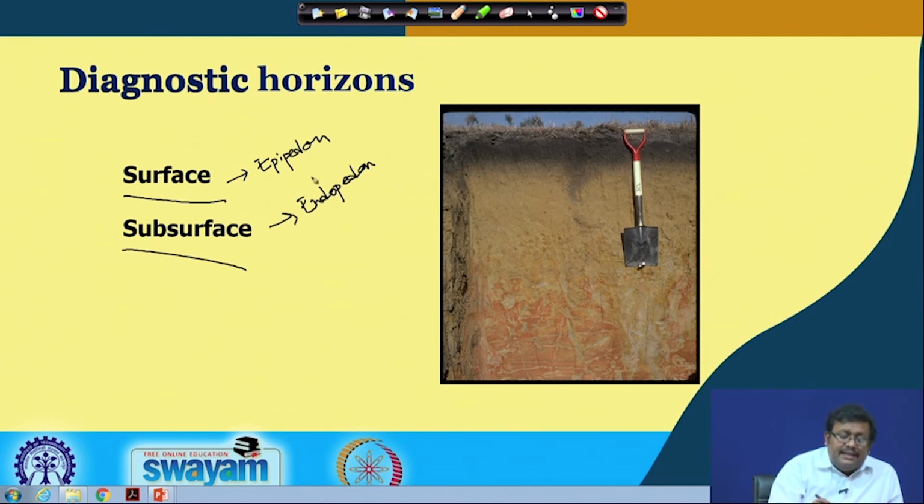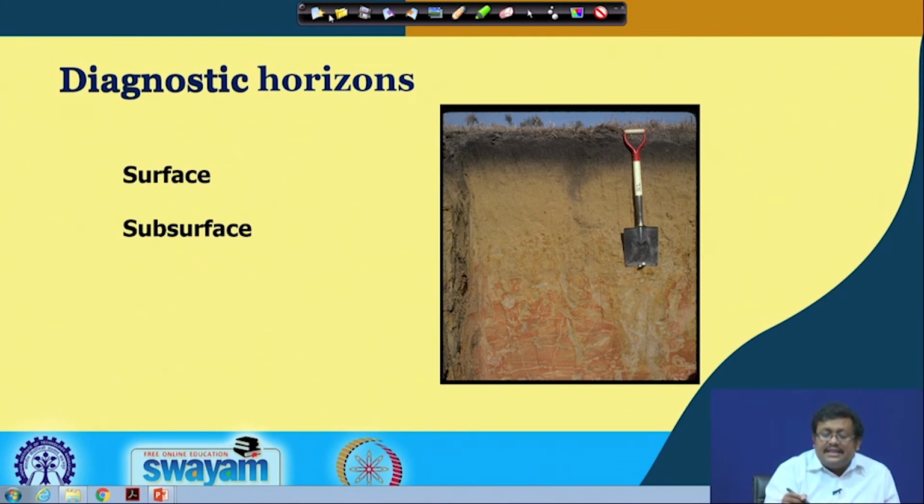There are 8 Epipedons and 20 Endopedons, each of them differing in their own characteristics, and based on whether those Epipedons or Endopedons are present in a particular type of soil, we classify them using the soil taxonomy. So, that is the use of these diagnostic horizons. Let us see them one by one.